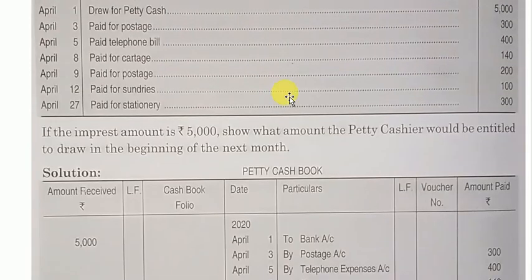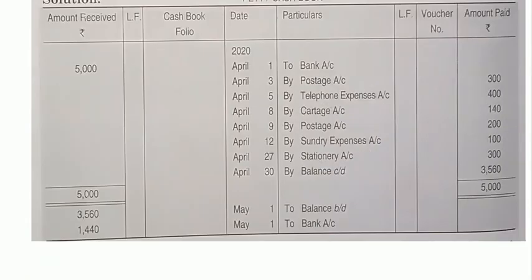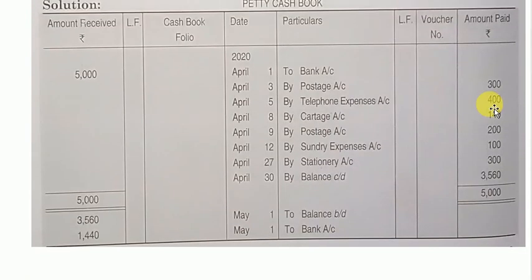And now comes the last transaction, that is on April 27th paid for stationery, 300 rupees. This is also recorded on the credit side, that is the right hand side, with an entry of 'By Stationery', 300 rupees. And this is the last transaction incurred.